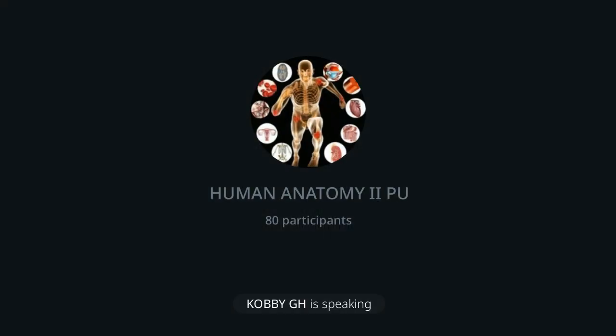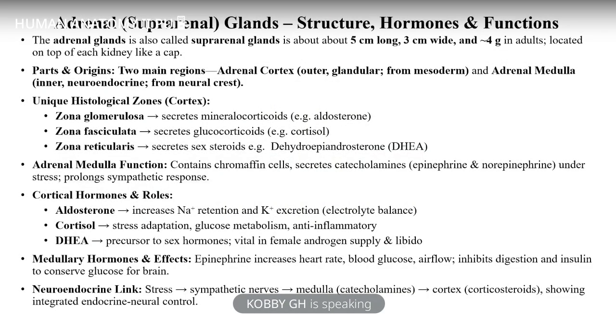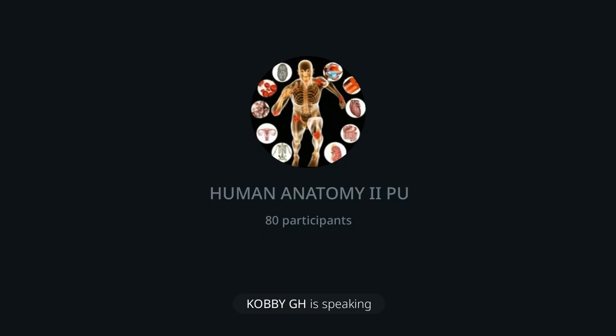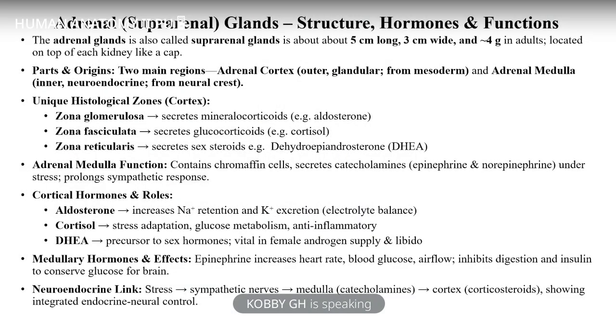So over here, be very careful you don't get confused with the capsule around the entire gland, because here we are not looking at the structure, we are looking at the zones of the gland. I get where you are coming from, and the reason the concentration should be on the zones now is that after the zones, we are going to talk about the hormonal functions of all the zones.